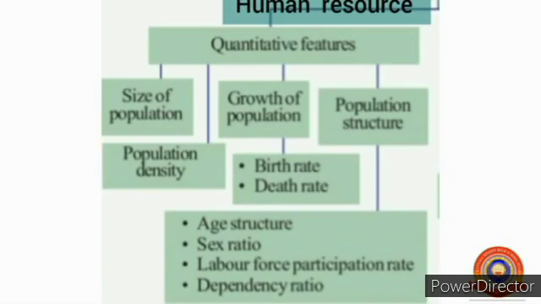Along with it, we learned about the quantitative features of human resource like size of population, population density, growth of population, and the aspects of growth of population like birth rate, death rate, and last one, population structure and its categories like age structure, sex ratio, labor force participation rate, and dependency ratio.